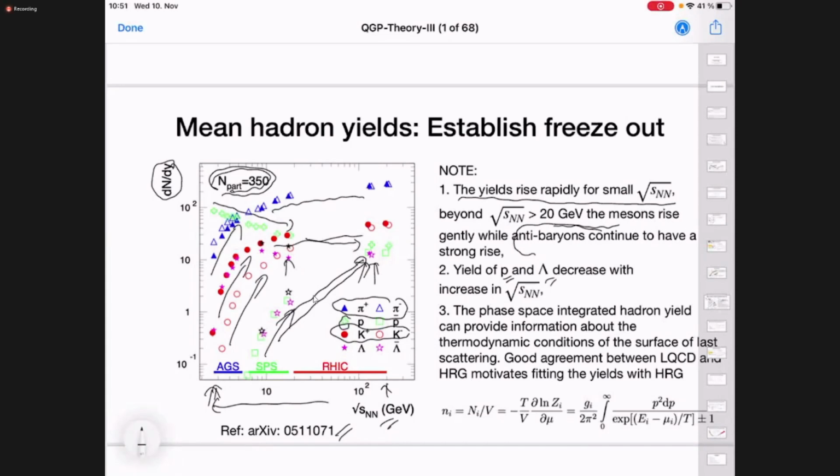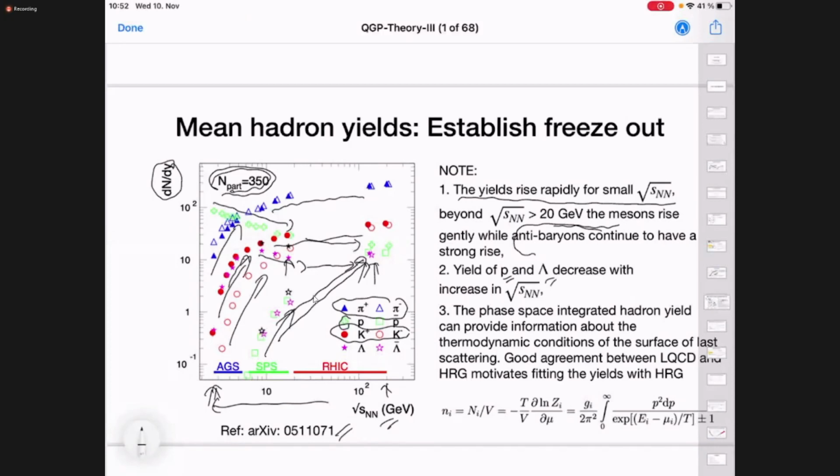And what about the lambda? There is a certain rise, then again a certain fall, and then again a rise. So the lambda seems to be more complicated. Well, good. So these are the trends that we start noticing.